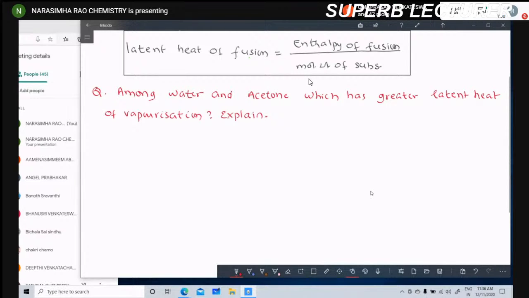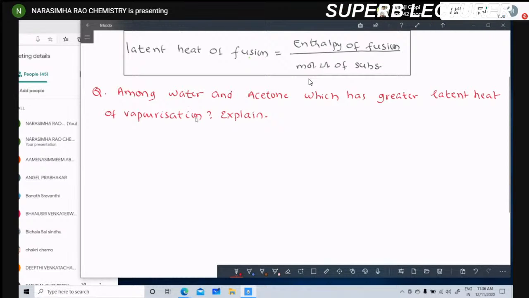Why, Amina? Why do you think so? It has a greater latent heat of vaporization, sir. Okay. Next, Vashit, Roser, Basabi. Normal boiling point of acetone is less than that of water. That's right.